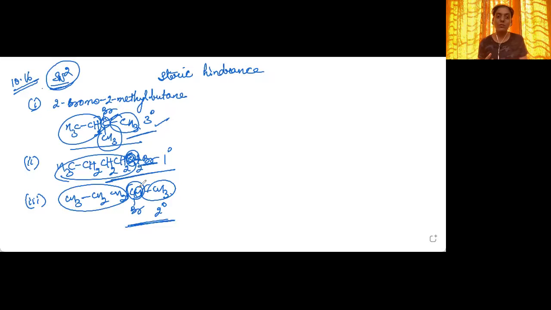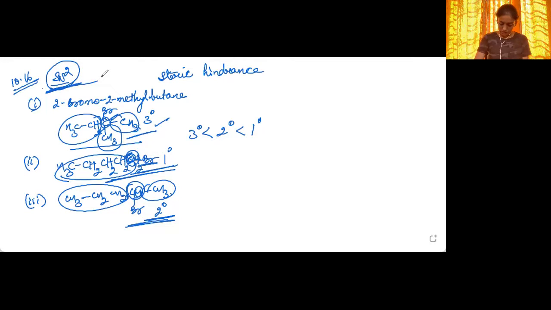Where is the maximum steric hindrance? In case of tertiary. So it will have the lowest reactivity. So tertiary will be least reactive and primary will have the highest reactivity towards the SN2 mechanism.